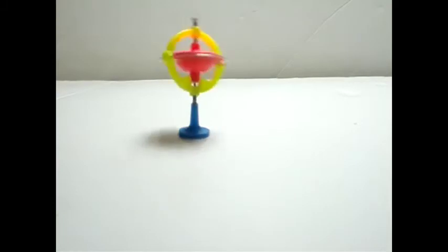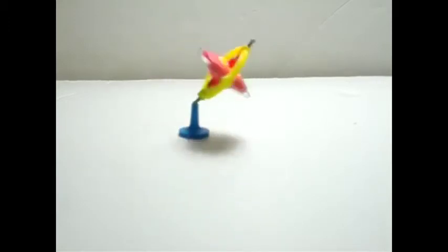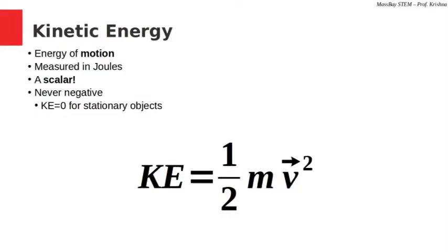So the string did work on the gyroscope as it was pulled. And we now see the gyroscope moving, or more specifically, rotating. That means it has kinetic energy. Just as there is a rotational analog of work, there is also a rotational analog of kinetic energy. Linear kinetic energy equals 1/2 mass times velocity squared.